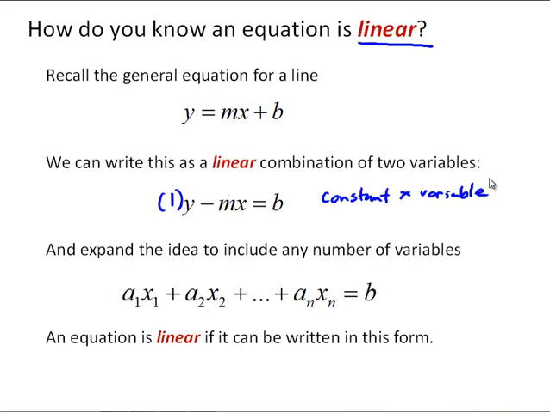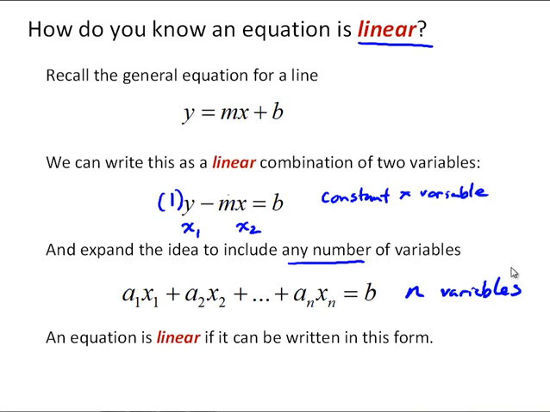Then if we generalize this, we might call y x1 and x x2 and generalize this to be a linear combination of any number of variables. We can write the general linear equation as a1x1 plus a2x2 plus all the way to some anxn equals b, and this is for some n variables.